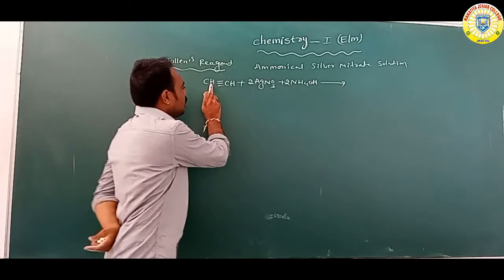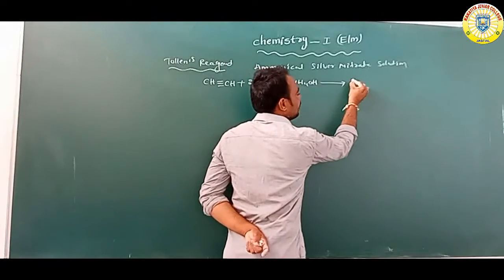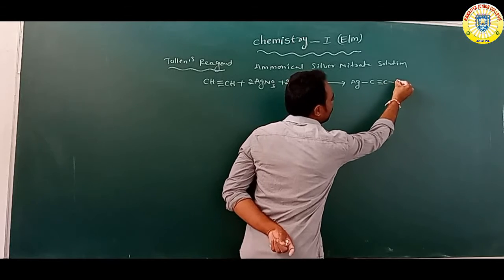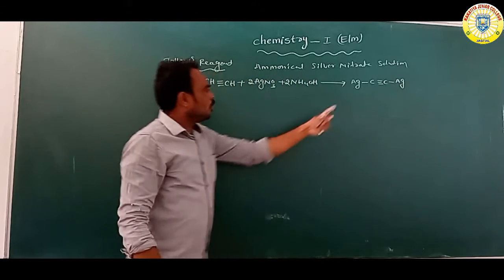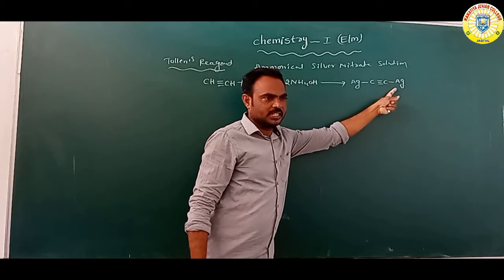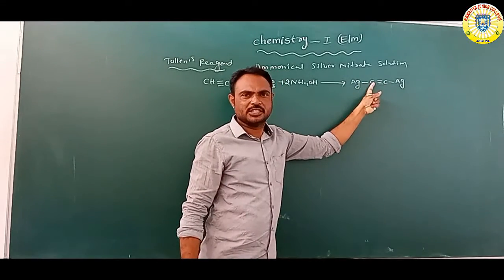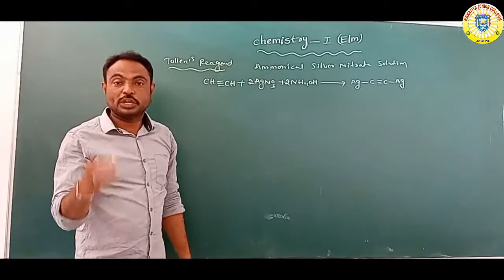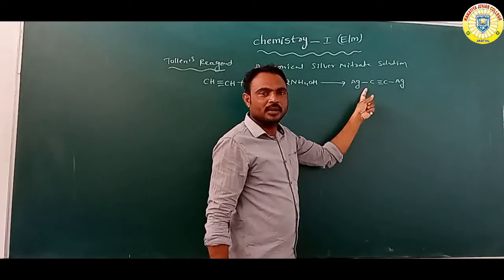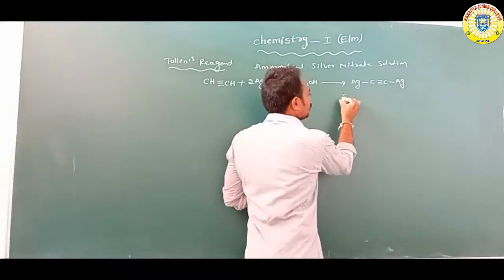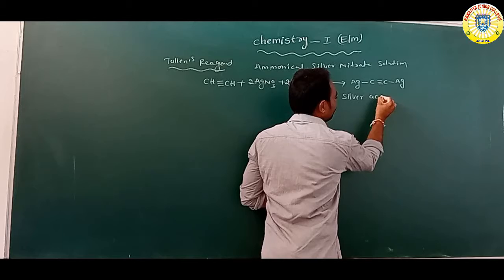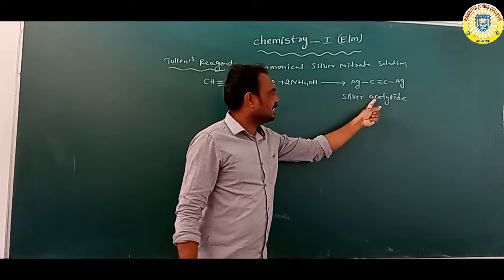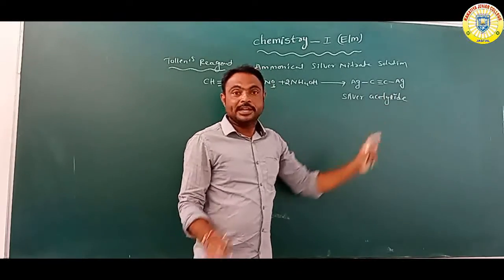Replacing hydrogen we write Ag bond carbon triple bond carbon bond Ag, AgC triple bond CAg. Loss of hydrogen, attachment of silver. What is this? Silver acetylide.